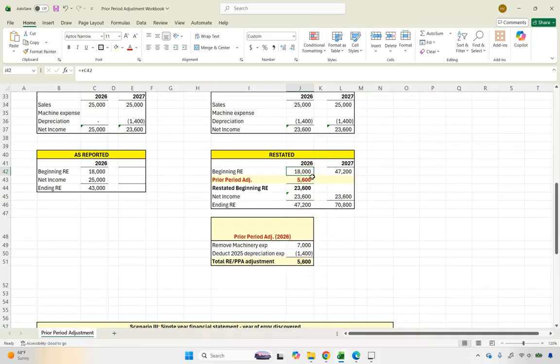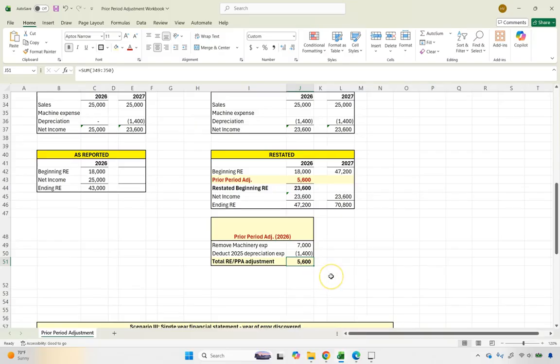So our beginning 2026 retained earnings is understated, because we had an overstatement of the machinery expense, but that's slightly offset by the depreciation expense we should have taken. So we had $5,600 of too much expenses from 2025, which means that our net income was understated in 2025 by this $5,600, which means our retained earnings was understated by that same amount.